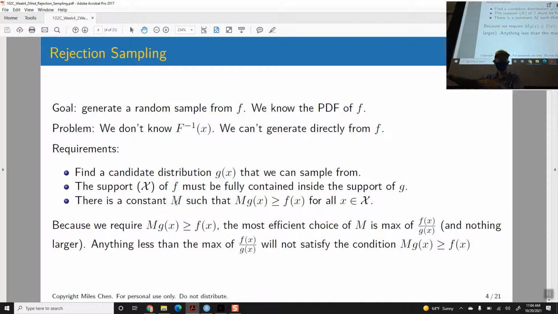So if you go out to someplace far away, the ratio f divided by g is going to be huge, and you would need a very, very big m, and eventually that m is going to approach infinity. That's in the extreme tails.